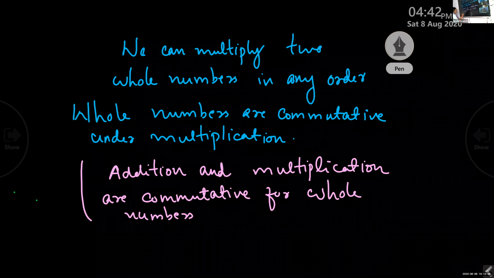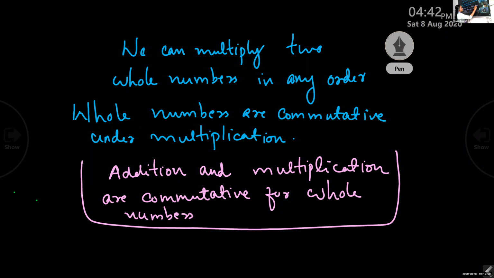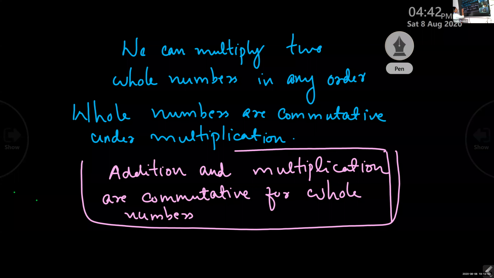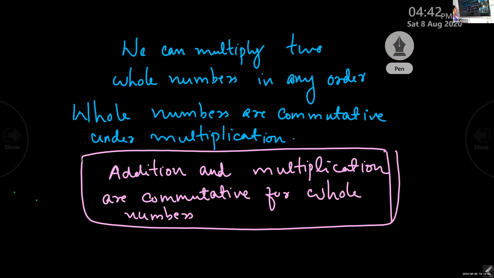You can write this sentence in a box. Addition and multiplication are commutative for whole numbers.